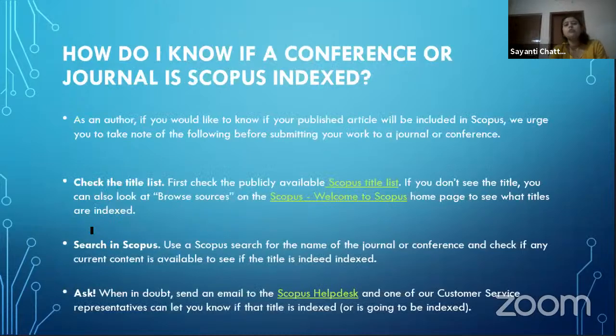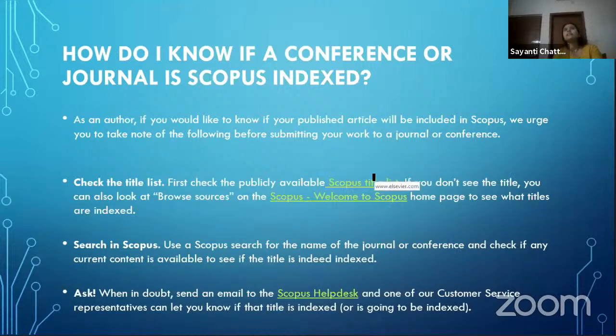So how do you know if a conference or journal is Scopus indexed? We will take Scopus because it is required most. Open the Scopus page. You will type the journal name. You can see whether it is Scopus indexed or not. You can also browse the Scopus page, the Scopus home page, and check the title list from Scopus.